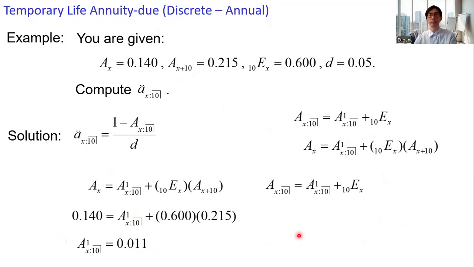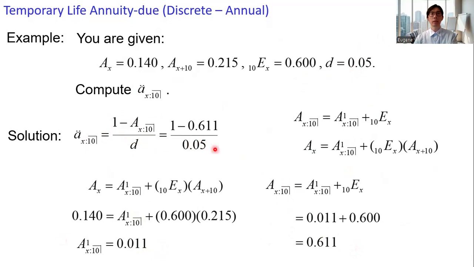And now we can get the present value of the 10-year endowment insurance, 0.611, and then d is 0.05. Doing the substitution, and upon calculation, we get the answer 7.78.